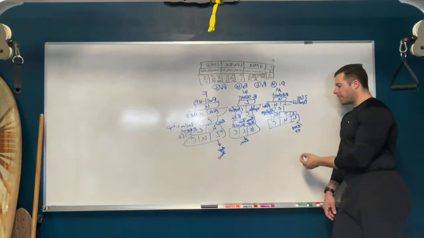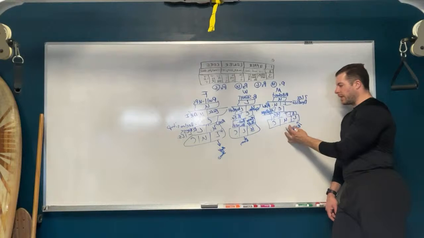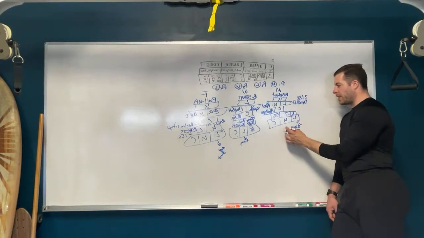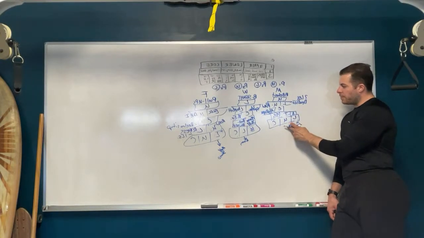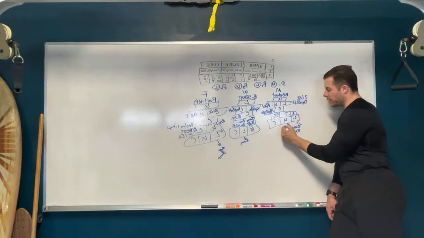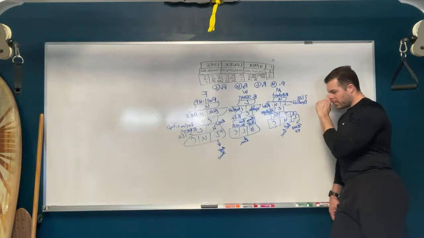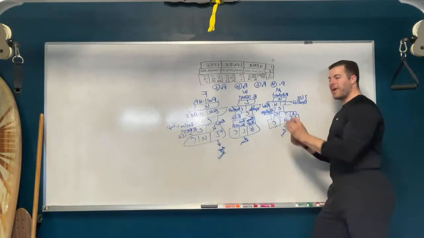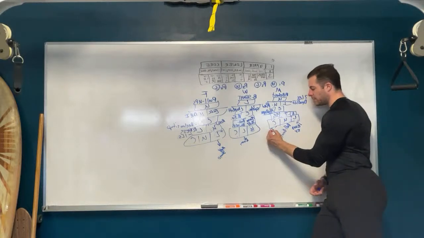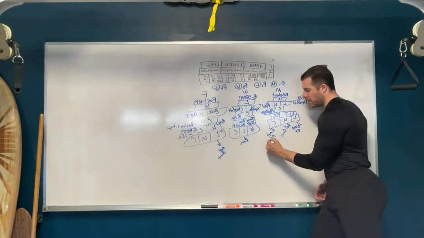Now for upper, since I did biceps and triceps there, I could do another pull down. So I did a row, so I could do a pull down. And then for core, I might do some type of plank work, some type of ab rollout, so front abs, okay?